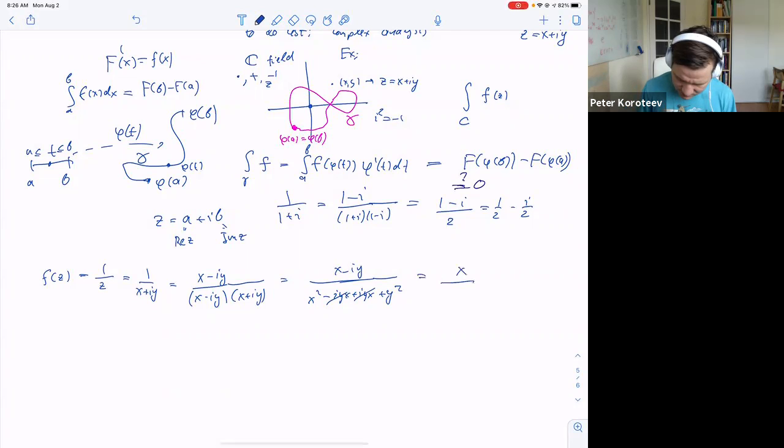So this is x over x squared plus y squared plus minus y over x squared plus y squared times i. This is the real part of f, this is the imaginary part of f. So it's defined everywhere in the complex plane. And now you can ask yourself, what if you integrate this function 1 over z over this path here?